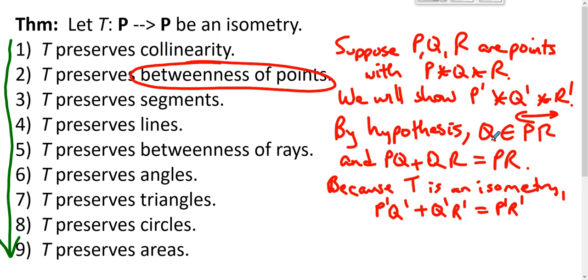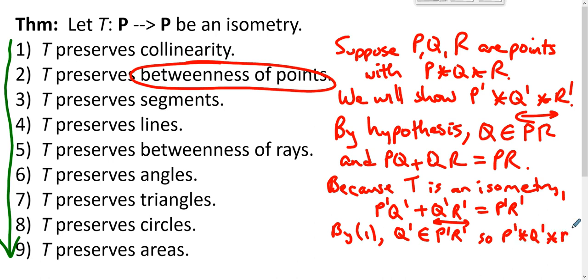We need Q prime to be on the line P prime R prime. But that's done by 1, right? T preserves collinearity, so Q prime is on P prime R prime, so Q prime is between P prime and R prime as needed.